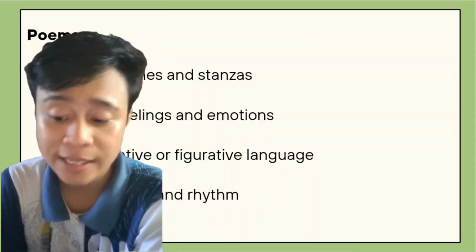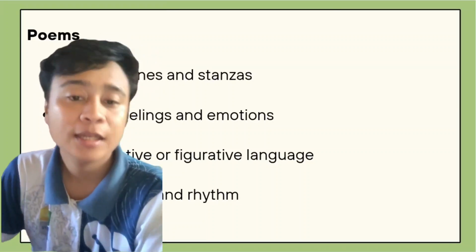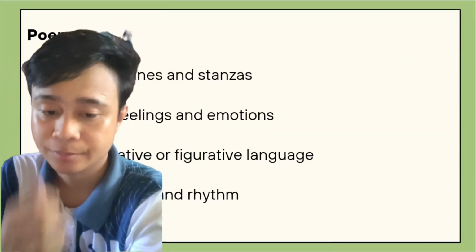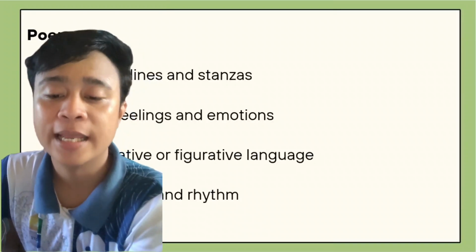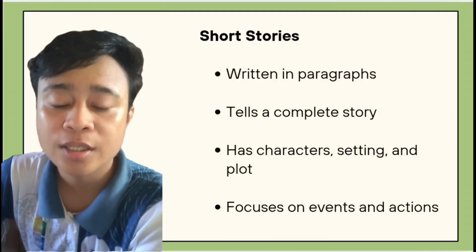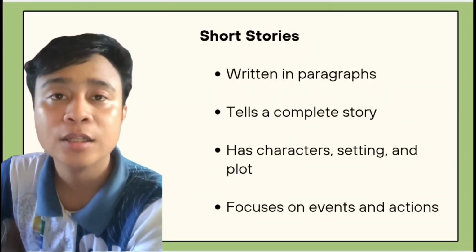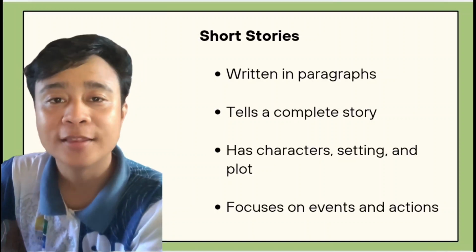Now that we have already known the difference, so class, what have we learned today is that a poem is usually written in lines. It focuses on feelings, emotions, and creative expressions. A short story is written in paragraphs and tells a complete story with a character, setting, and a plot.